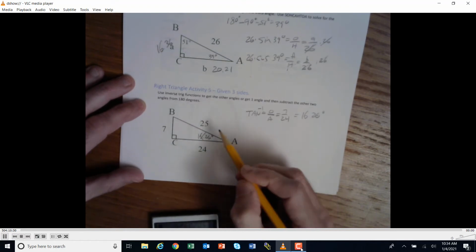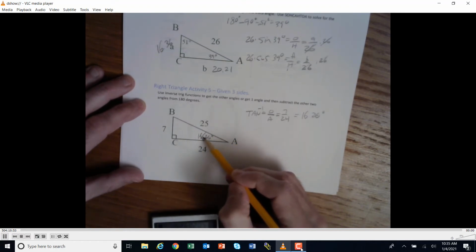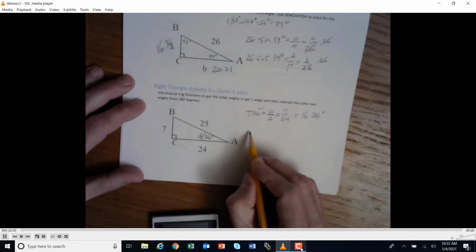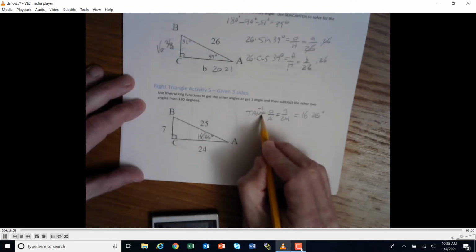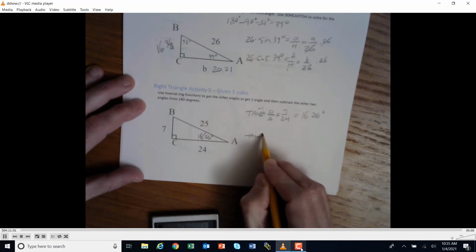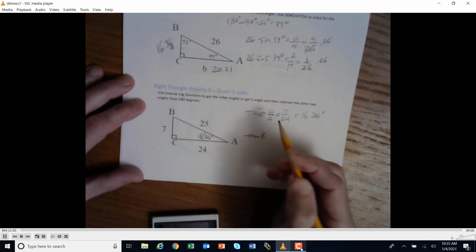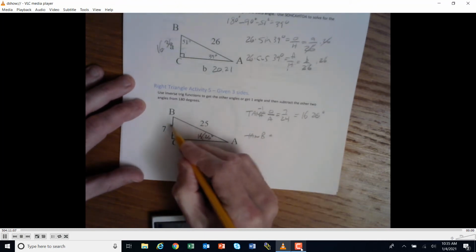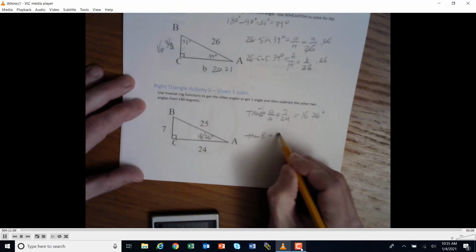I could do 180 minus 90 minus 16.26 to get this. I could also just take this angle here, and this was tan of A, by the way. I could take tan of B. Tan of A was 7 over 24. Tan of B is opposite over adjacent, 24 over 7.